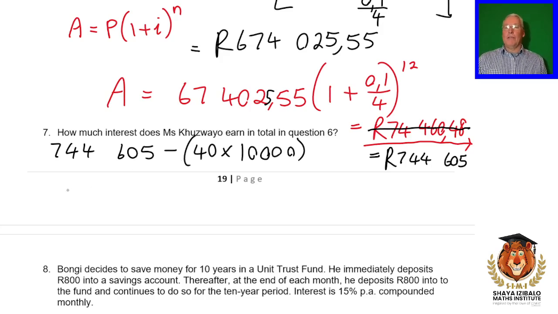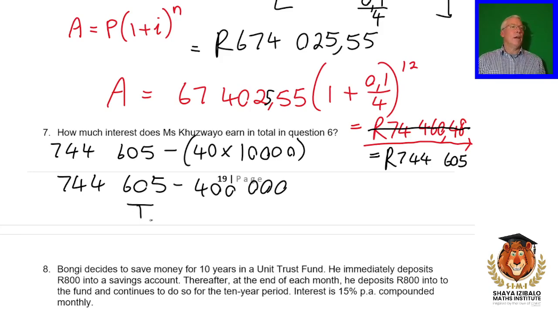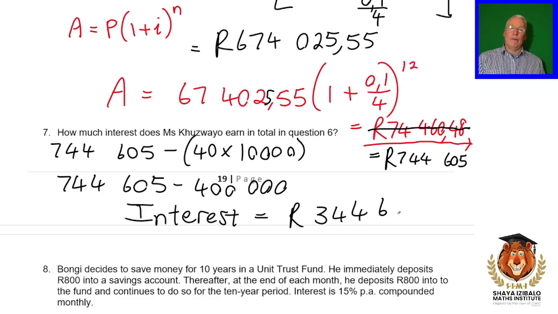So she ends up with 744,605, and she's paid in 400,000. So the difference must be interest. And so the interest is actually 344,605.